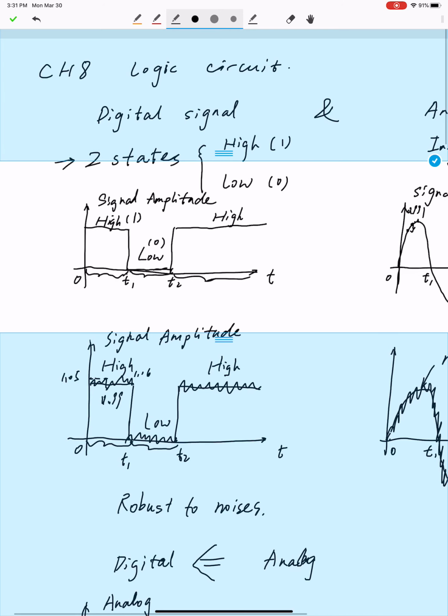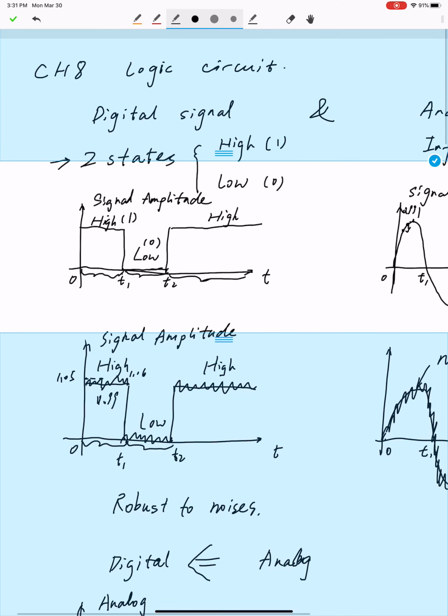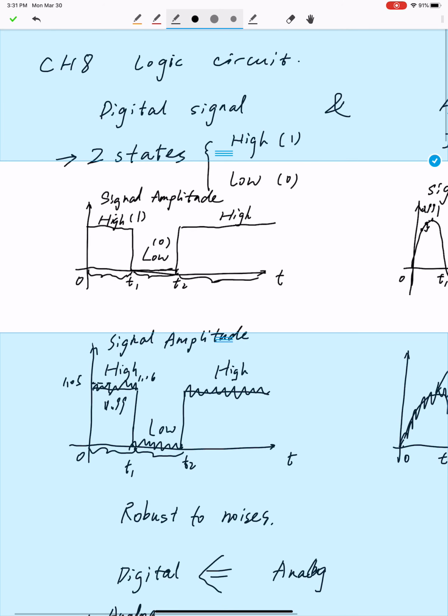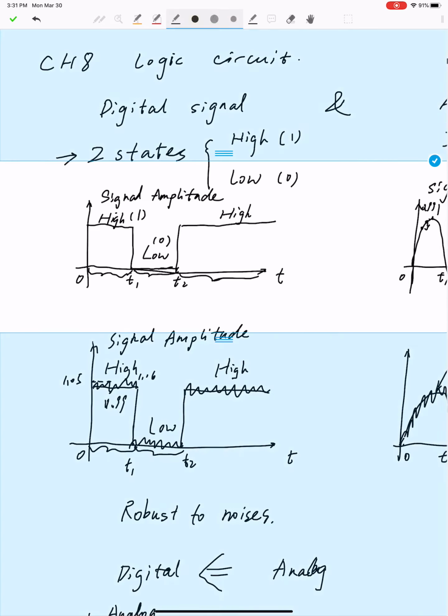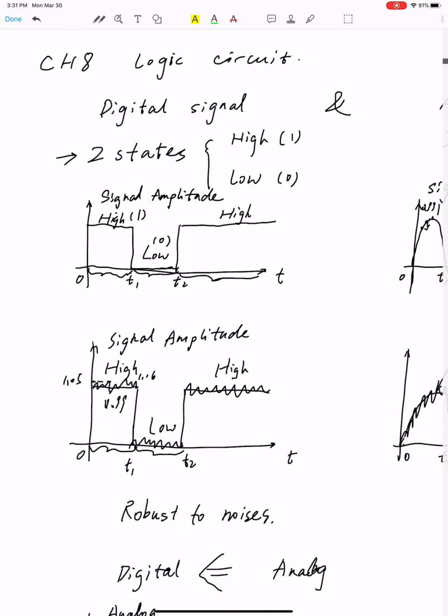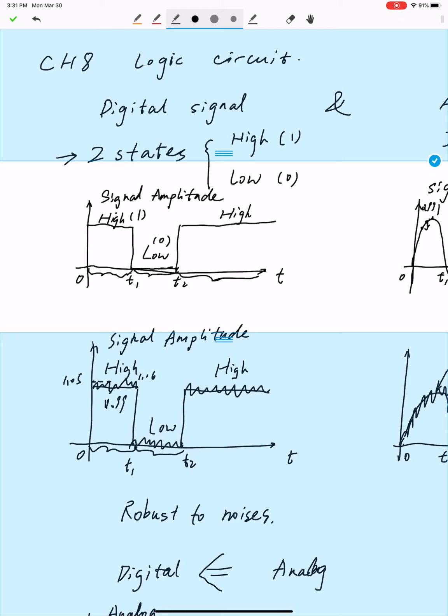The signal amplitude. This plot shows the digital signal, right?